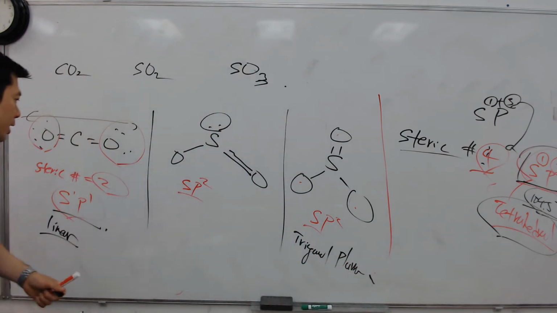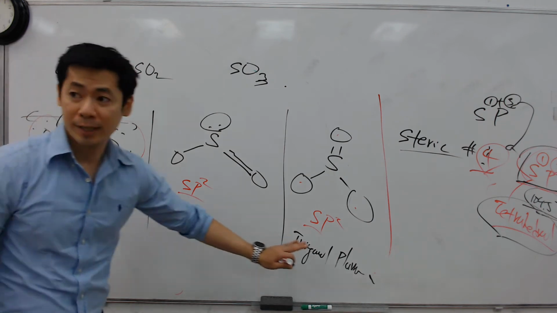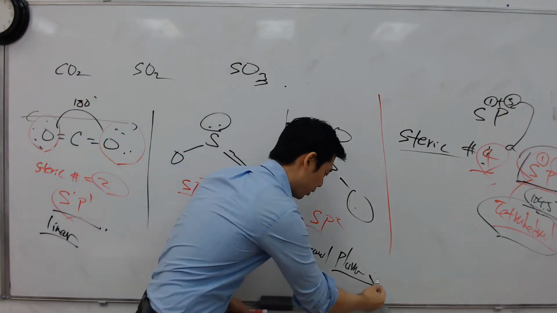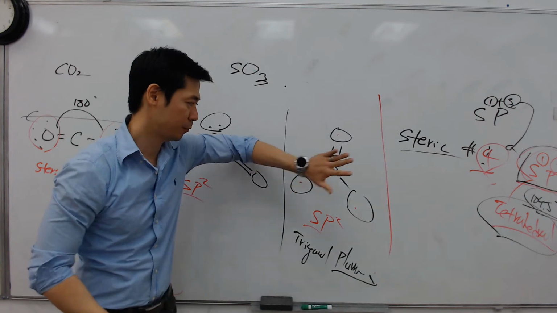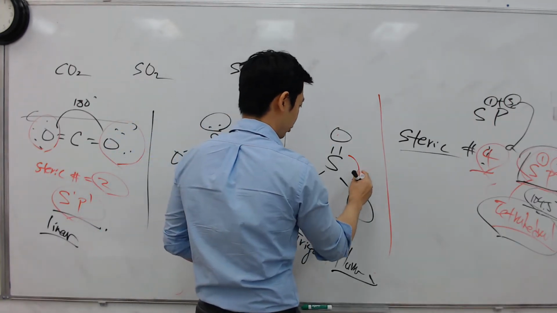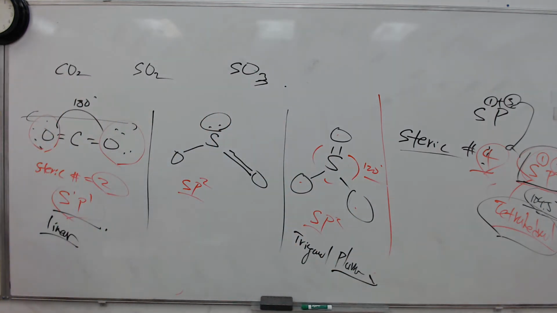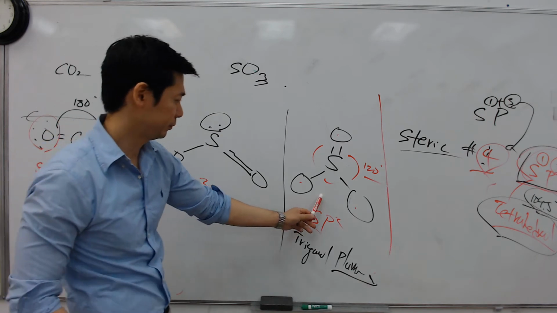Planar shape is a flat shape on a plane. The bond angle must be 120, 120, 120. That's trigonal planar.